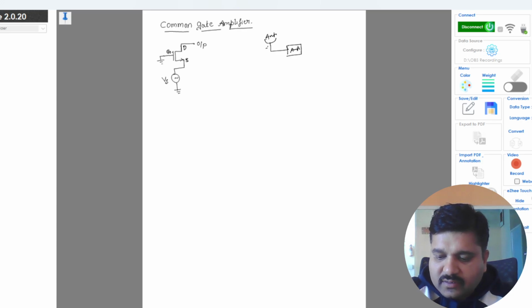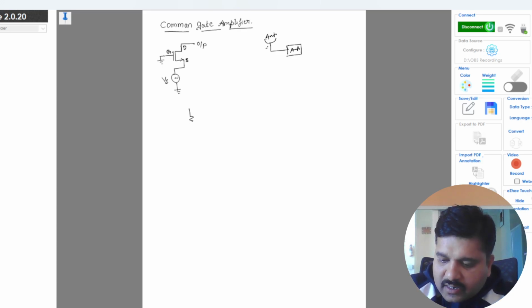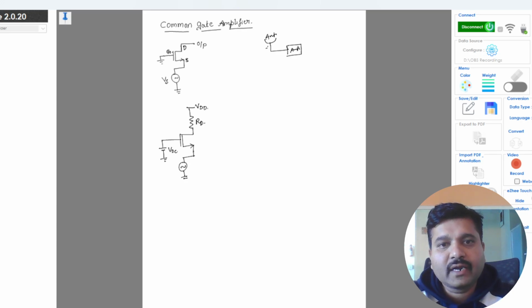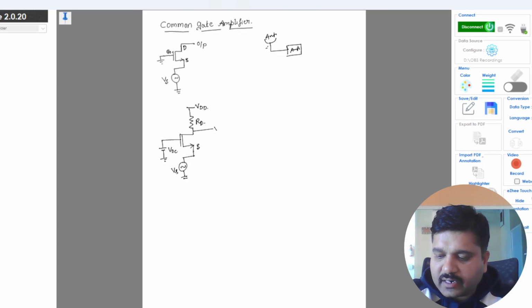Okay, so this is the configuration, and the common gate amplifier circuit will be given like this. The input is given to the source terminal and the gate is biased with a DC source, with RD and VDD. So this is the practical common gate amplifier, where we give the input Vs to the source terminal and the output is taken at the drain terminal.